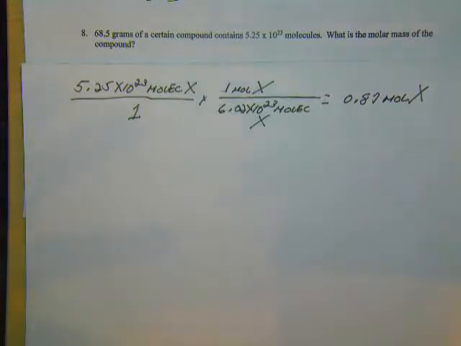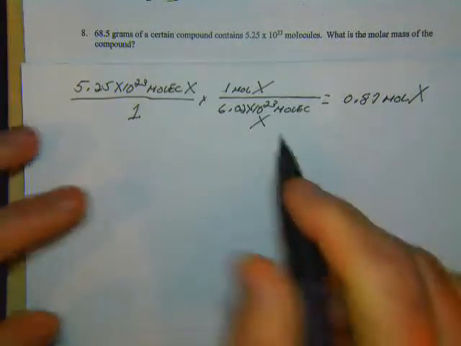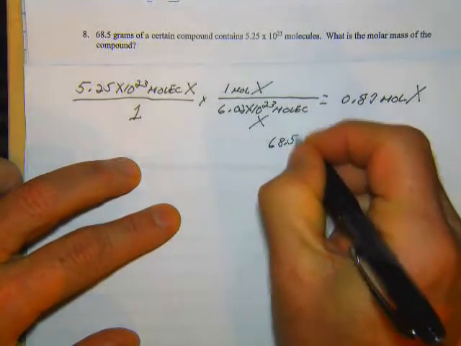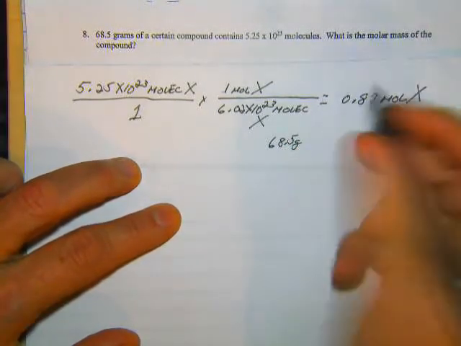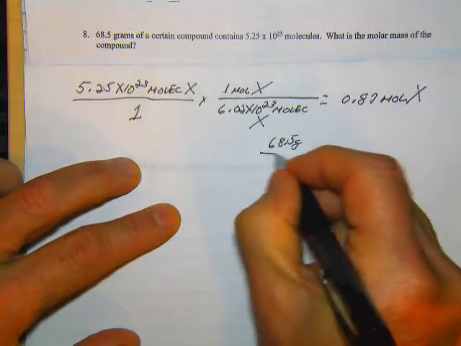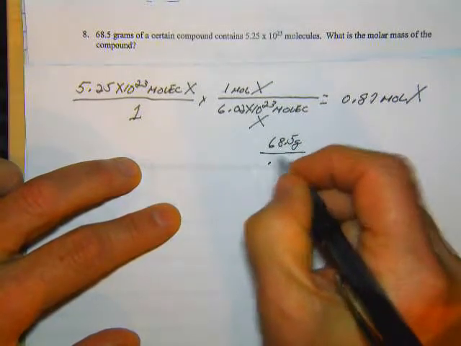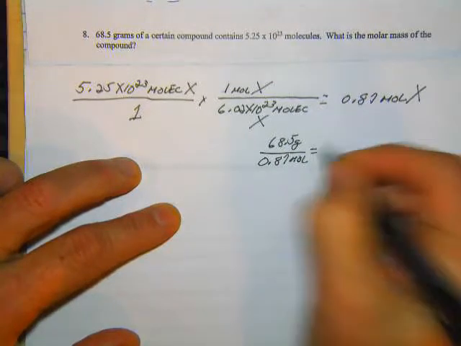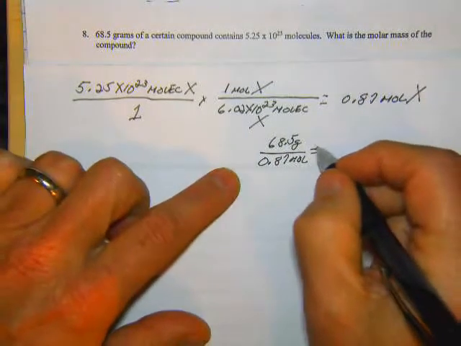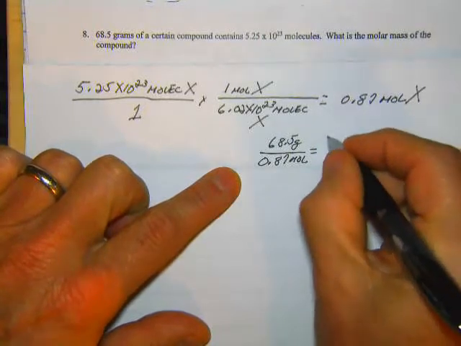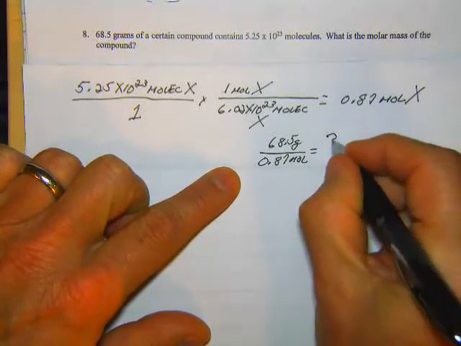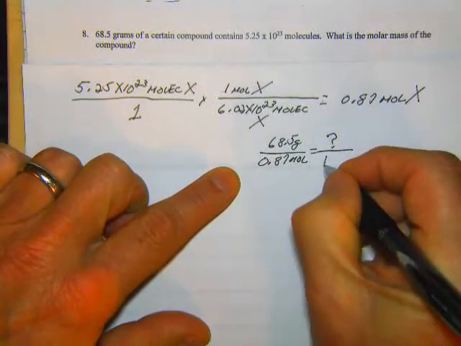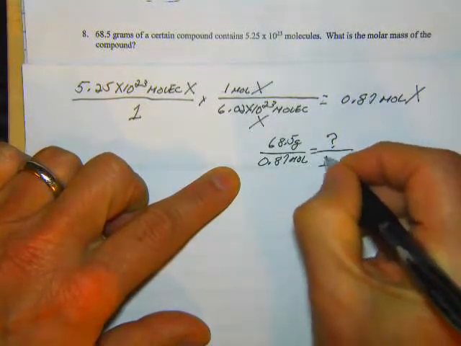So what is 1 mole? Well, from here we can set up a pretty simple ratio. So we can say 68.5 grams, and I'm going to leave the X out of this, is to 0.87 moles. Well, we don't know the mass, so this is the unknown, and we really want 1 mole.